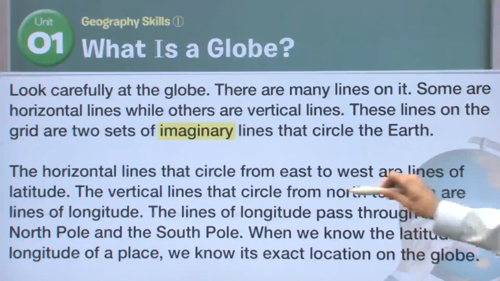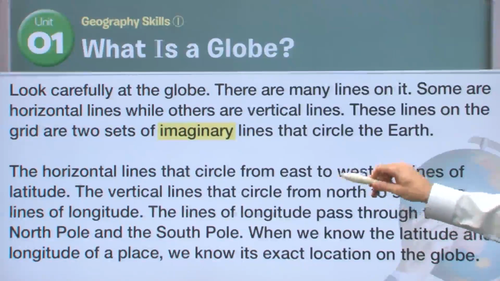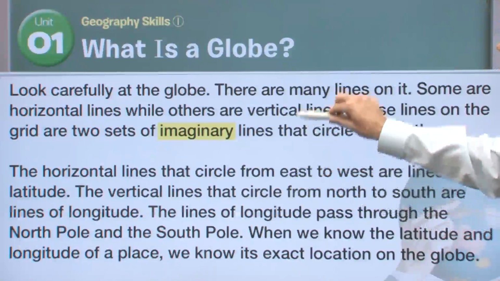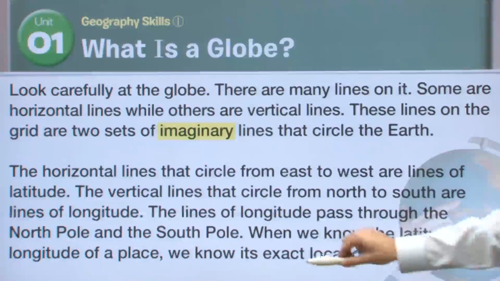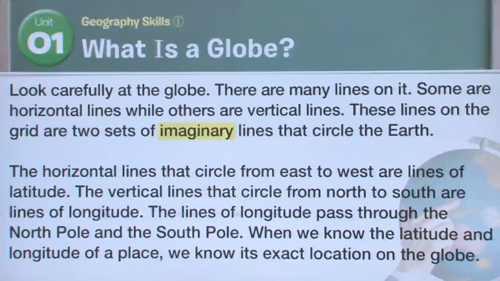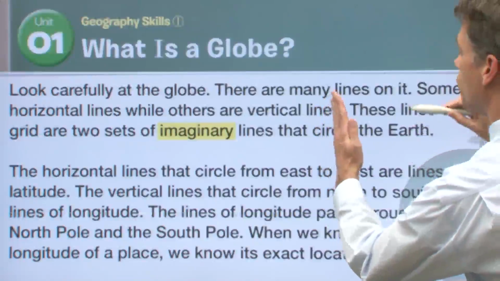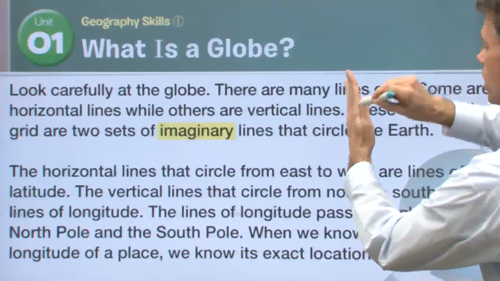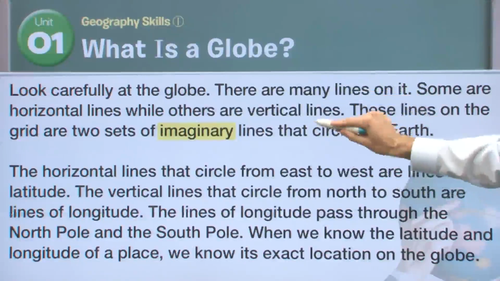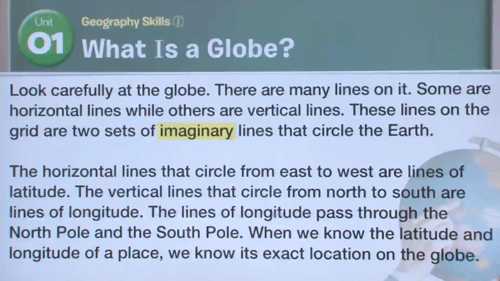But the lines of latitude, they don't really go through anything. They start at the equator and go up, or you can go down as well towards the south. And if you know both the line of longitude and the line of latitude, it's a point, just like an X or a cross. And that gives the exact location on the Earth, exact location on the globe.